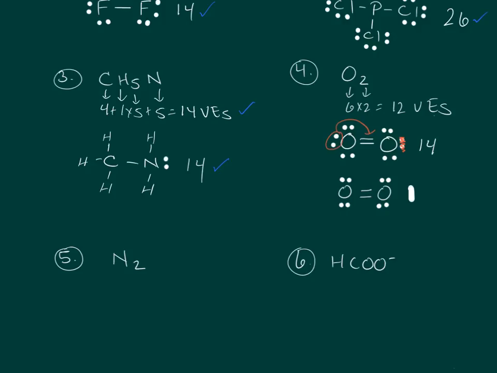So since this molecule has 12 valence electrons, and we started with 12 valence electrons, this is a valid Lewis structure.